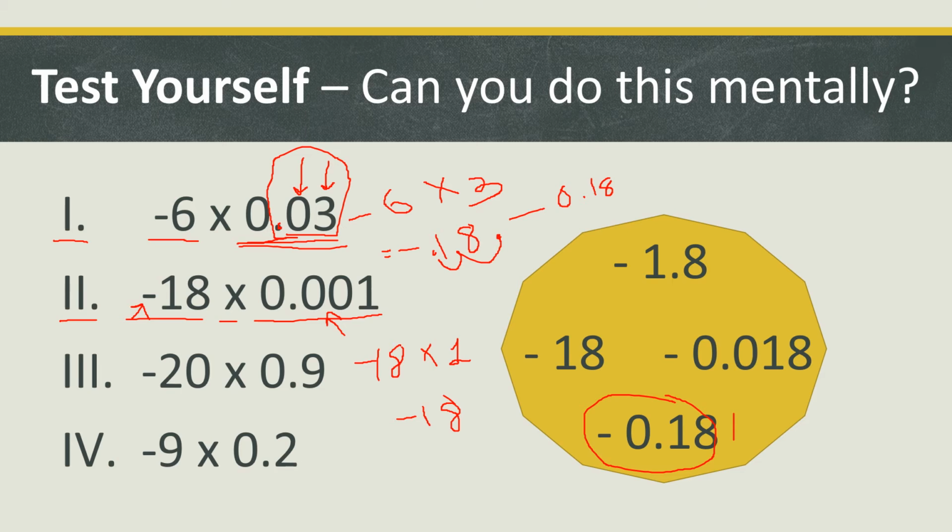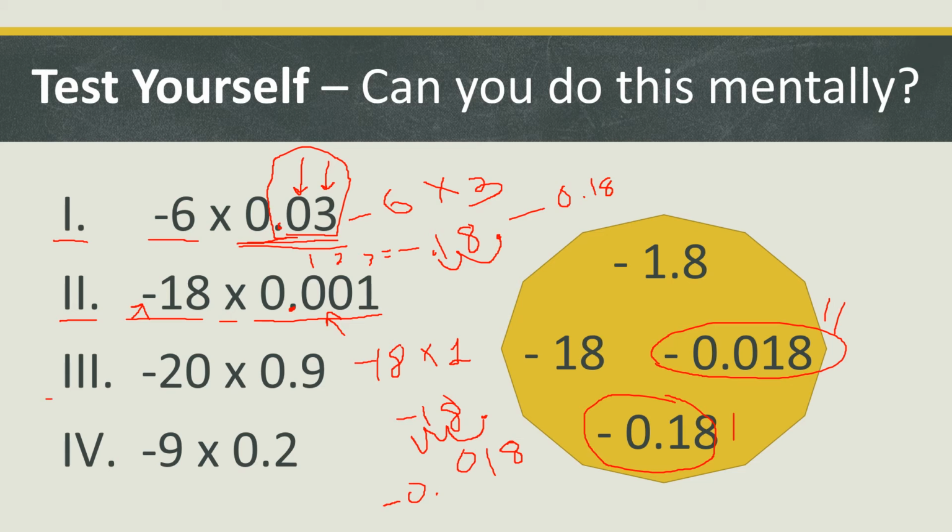So there were 3 digits after the decimal point. So there must be 3 digits after the decimal point in the answer as well. So we move the decimal point 3 times to the left. 1, 2, and 3. So our answer would be 0.018. And this is our answer for number 2.